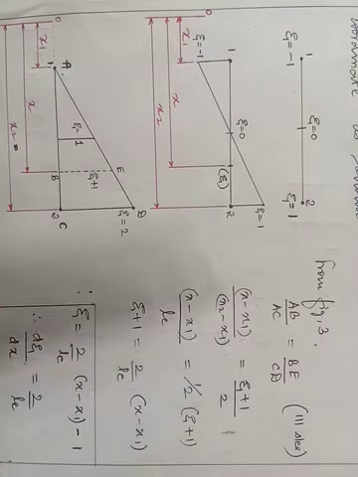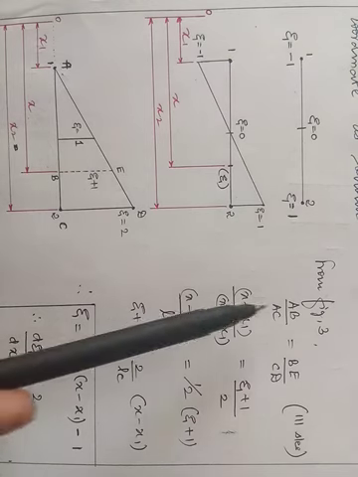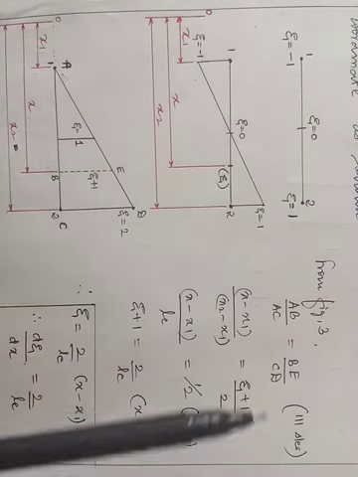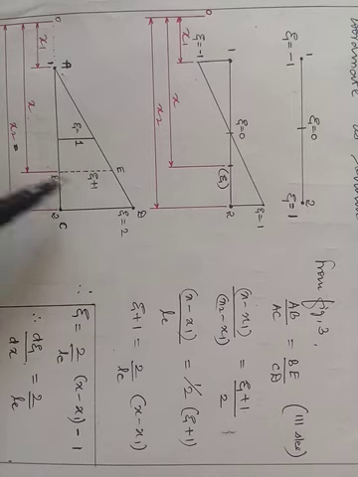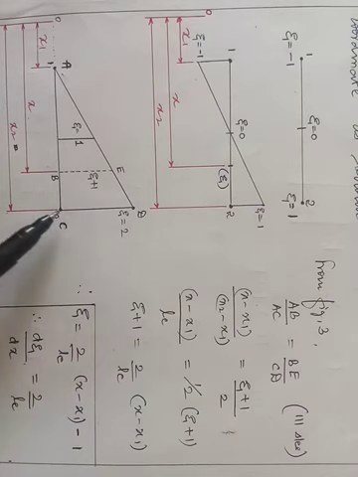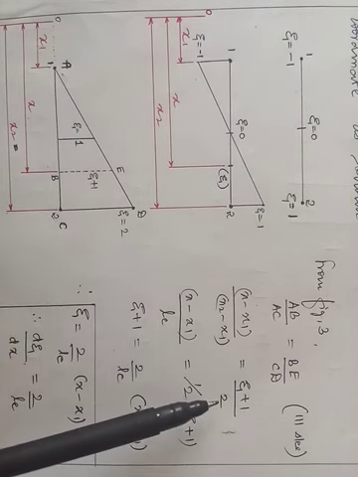Now AC is the distance given by x2 minus x1, equal to BE, this dotted line, which is zeta plus 1. CD, the magnitude CD, is 2.